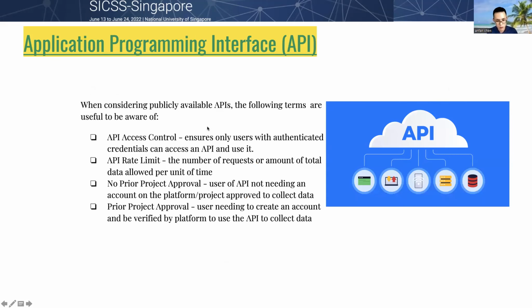And when we talk about the API method, it is the first method to obtain data from social media platforms. It is the most popular way to collect social media data: to use the API developed by the social media platforms, and use relevant queries sent to the platform through the API to collect large-scale data.